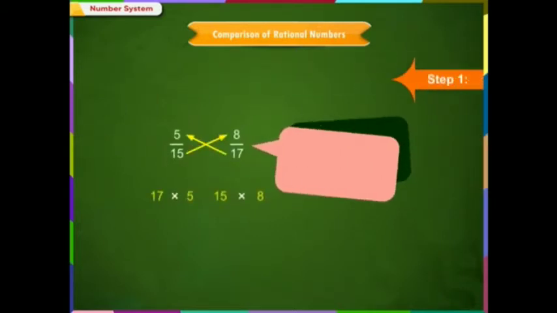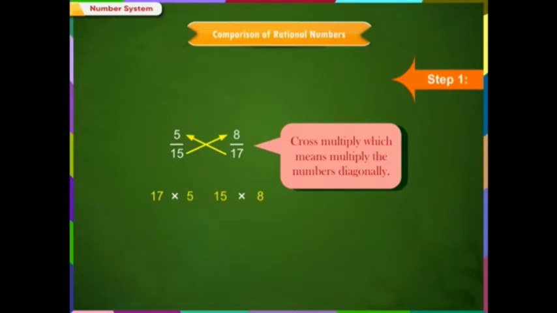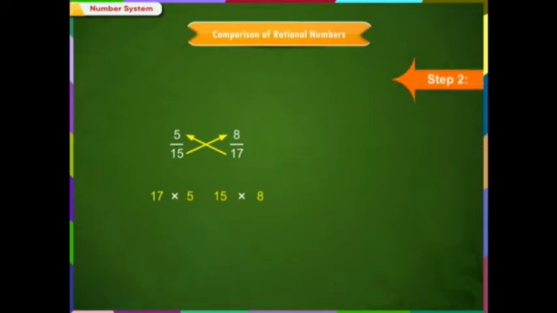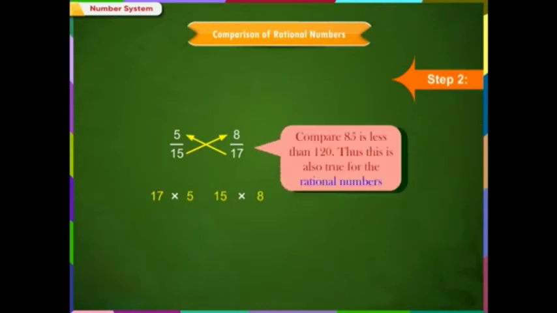3. By cross multiplication method. This method is used to compare rational numbers with unequal denominators. Example 3. Let us compare 5 by 15 and 8 by 17. Step 1. Cross multiply, which means multiply the numbers diagonally. Step 2. Compare.